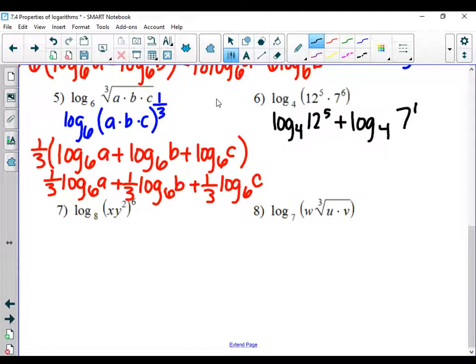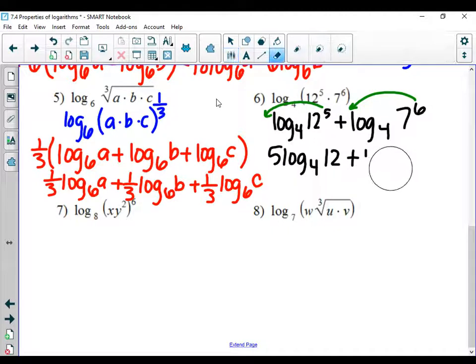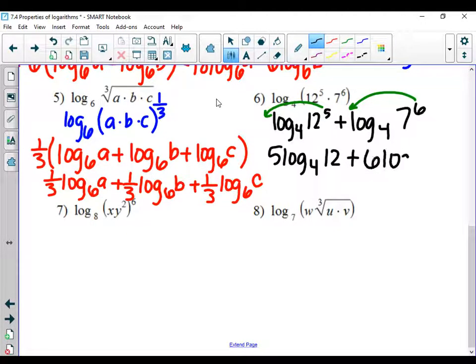And then you take the 5 and put it in front, and you take the 6 and put it in front. Is that it? Okay, cool.